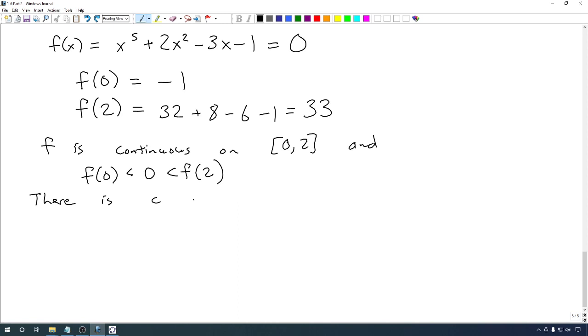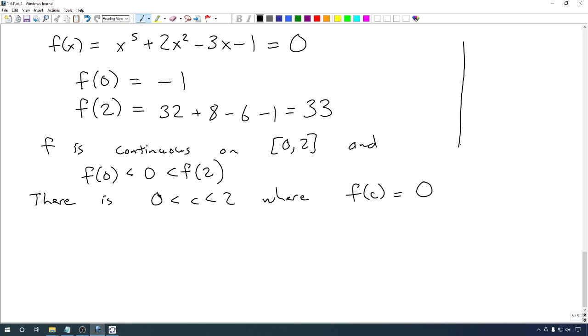Maybe let's write it this way. There's a c between 0 and 2 where f of c equals 0. There's some root of this polynomial between 0 and 2. I don't know necessarily where that is, but there has to be a root somewhere in that interval.